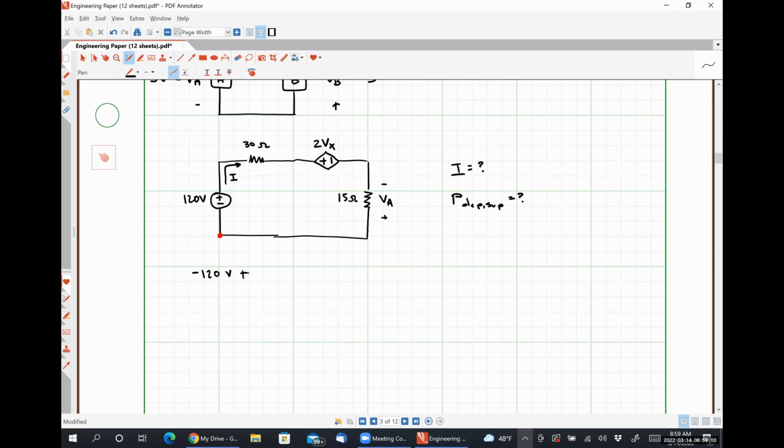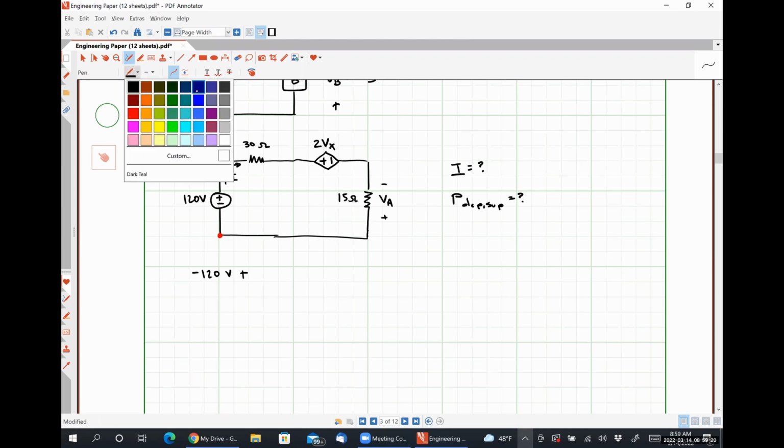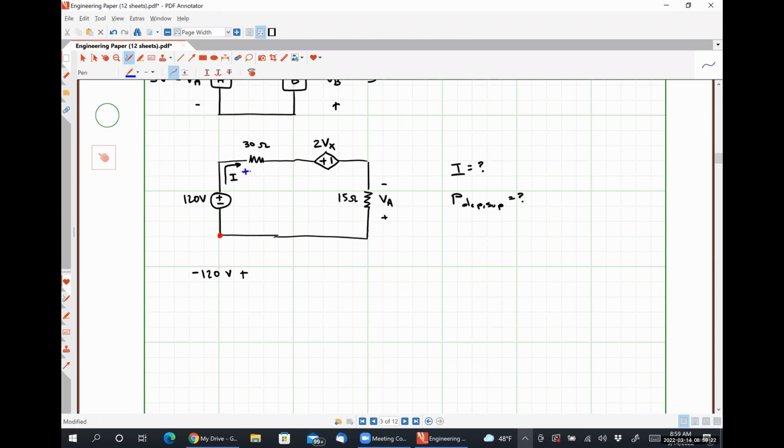Would you prefer the voltage drop across the 30 ohm resistor to be positive polarity on the left or positive polarity on the right? The left, okay. So I am just going to say then that we're going to have some voltage, let's call it V30, positive polarity on the left, negative polarity on the right, so that we have this quantity V30.